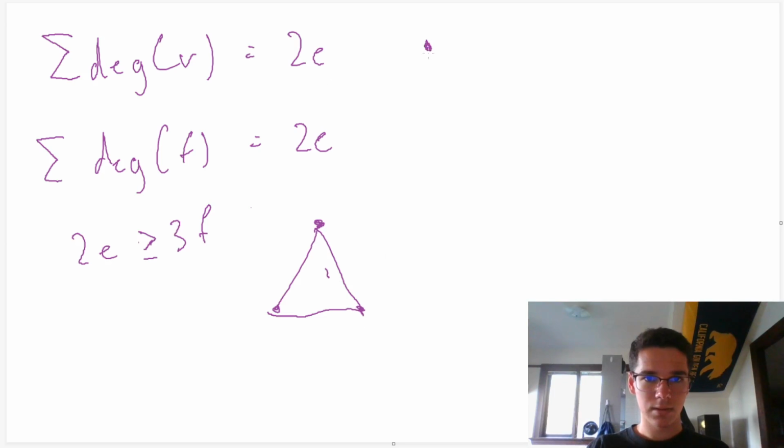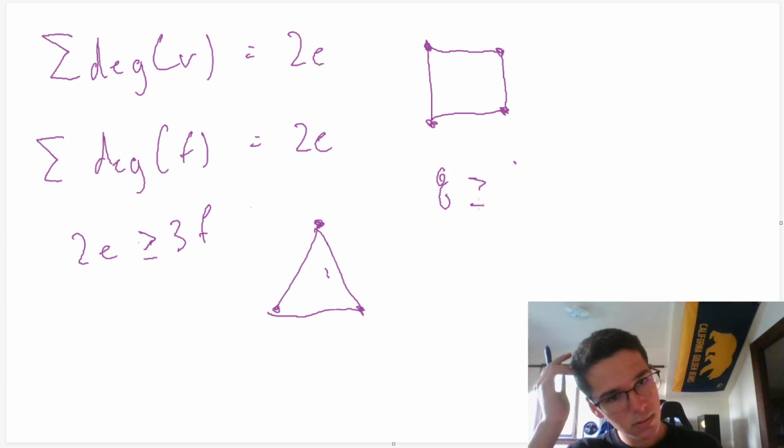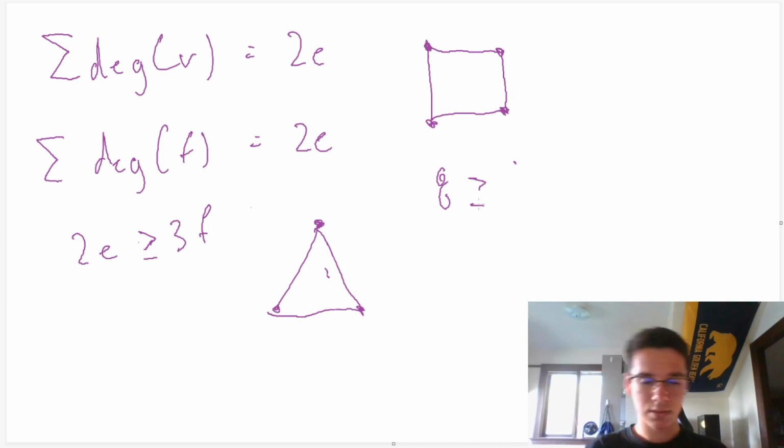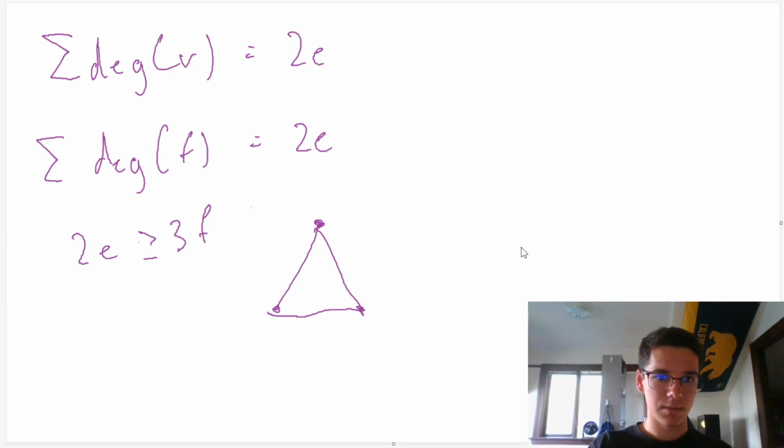But in this case, 2 times the number of edges is 8, which is greater than or equal to 3 times the number of faces. There's 2 faces, so it's not the degree of the faces, it's just the number of faces, so it's 6, yeah. Okay, sorry, that was a bit confusing, I think, but hopefully it makes sense now.